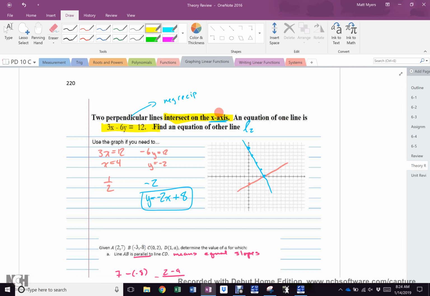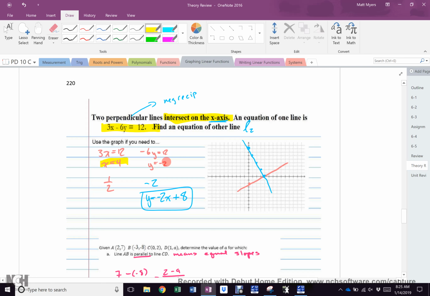The pink work is this line right here. I got the x-intercept and the y-intercept, and I made the line. Once you had the pink x-intercept, you knew that was a point on the x-axis.